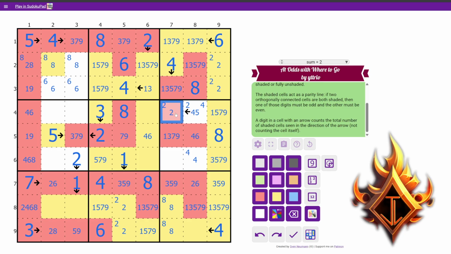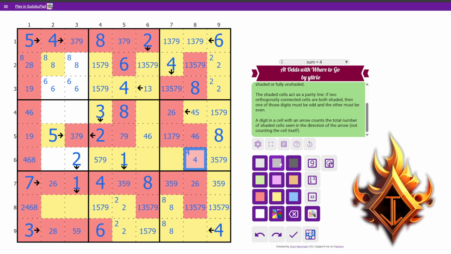So it is 2 or 6. So this is just 4 or 5 only. This is 2 or 6 only. This is yellow to avoid... Okay, and this column with the 4 is done. So that is yellow, that is red.